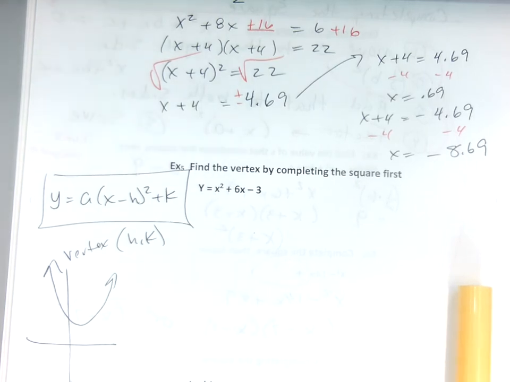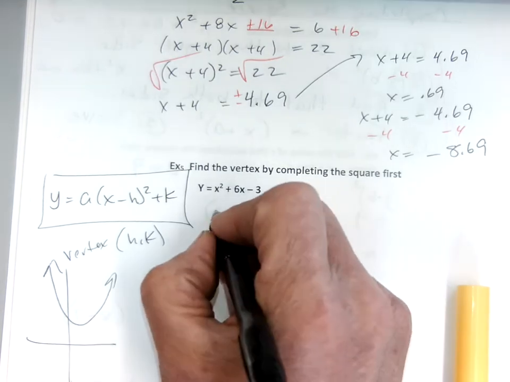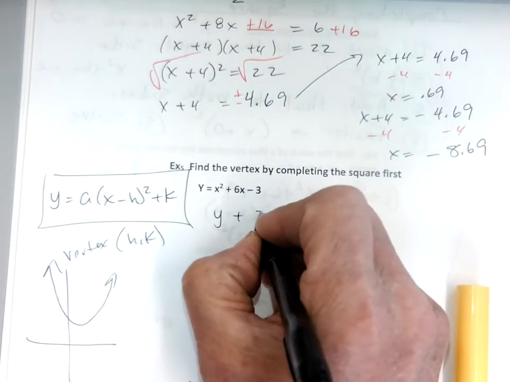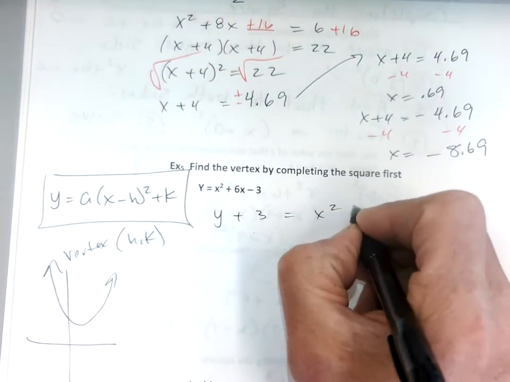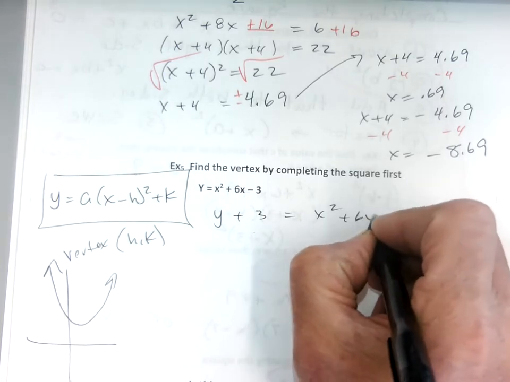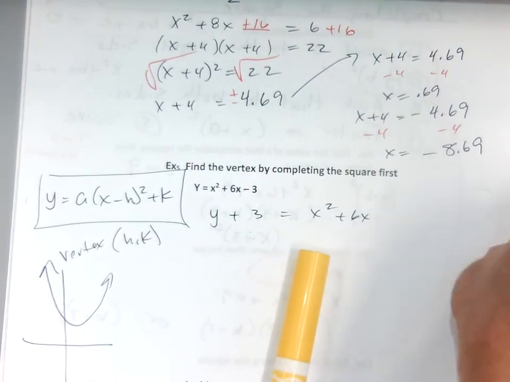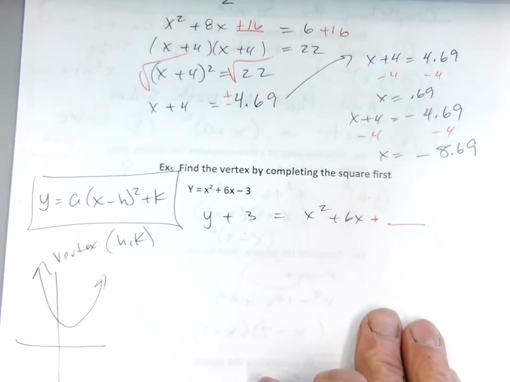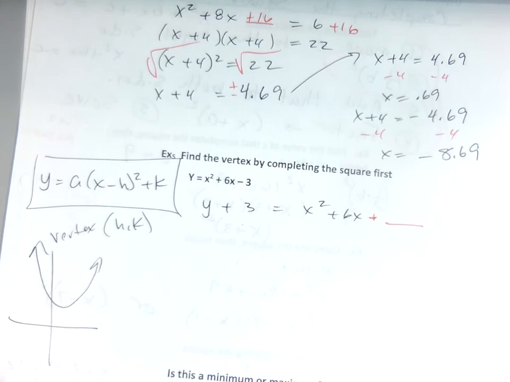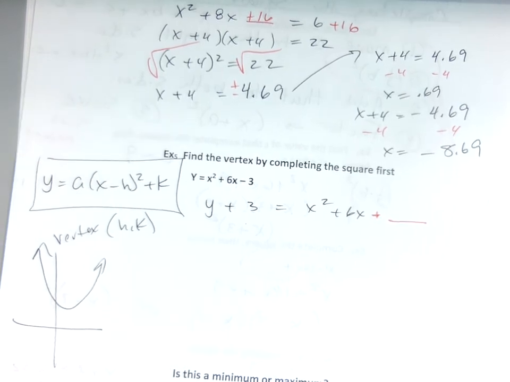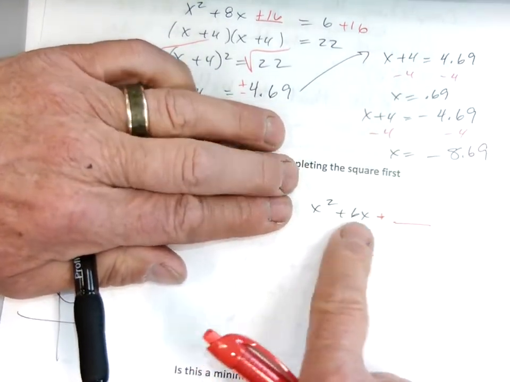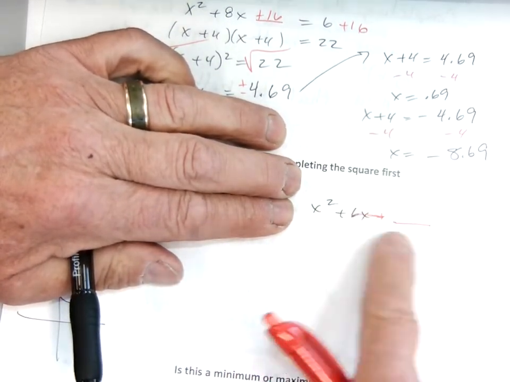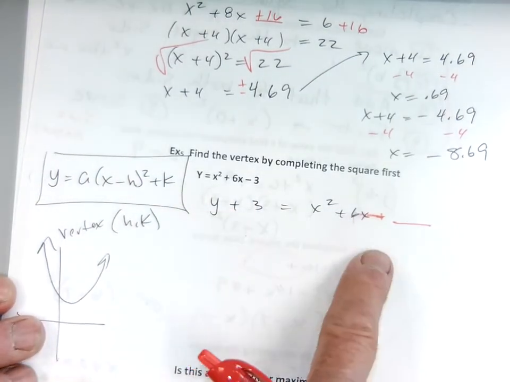So what's step 1 say? So I'm going to go y plus 3 equals x squared plus 6x plus something, right? Wait, so you just have to move C to the opposite side? Yep. As long as we can get to this, Scott, because you know what I'm going to do with this next, right? Yeah, I want this, so I had to bring this over so I could do that, okay, right?